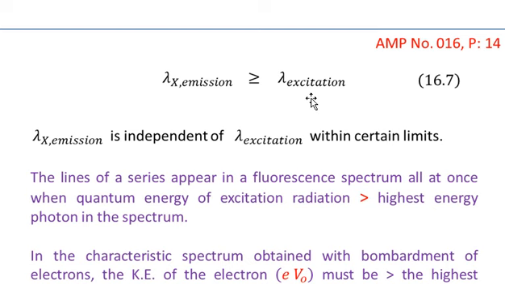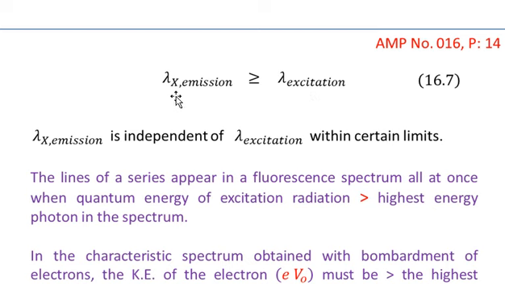Different levels can be excited, and that wavelength is called the excitation wavelength. And of course, the other wavelengths that will be emitted will be greater in wavelength compared with lambda excitation. It is because the energies that will be released will be smaller in energy, and smaller in energy means that the wavelength will be greater.